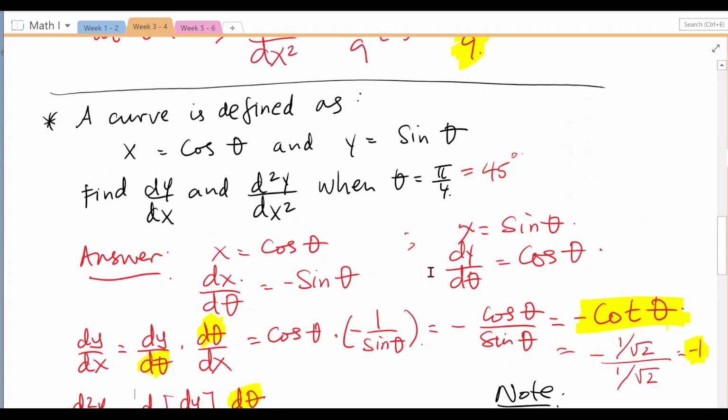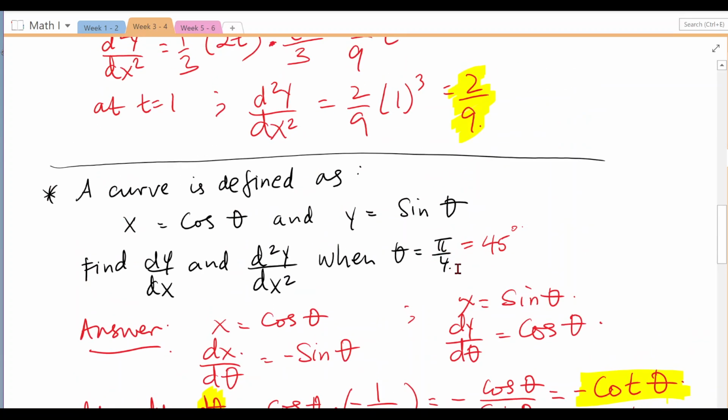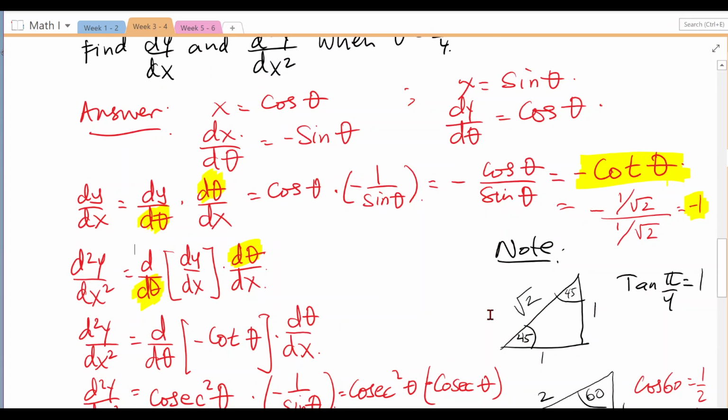And we are given the information that theta is pi over 4, which is 45 degrees. So the description of that will be like this, an angle of 45 degrees, and the smallest length is 1 and the diagonal is square root of 2.